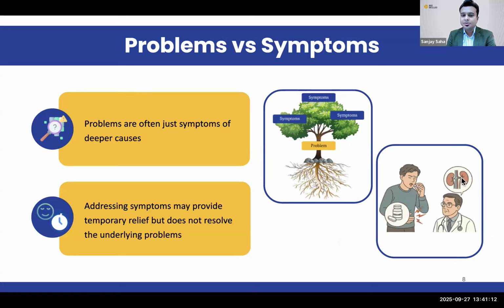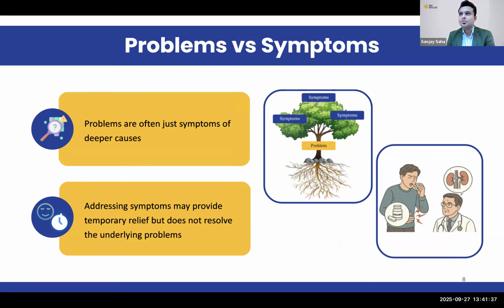Similarly, in supply chains, a lot of times what you see are the symptoms. Now see the other graphic on the screen, where the symptoms are the leaves on a tree. So you're looking at those symptoms. However, the actual causes are beneath the ground. They are the root causes.